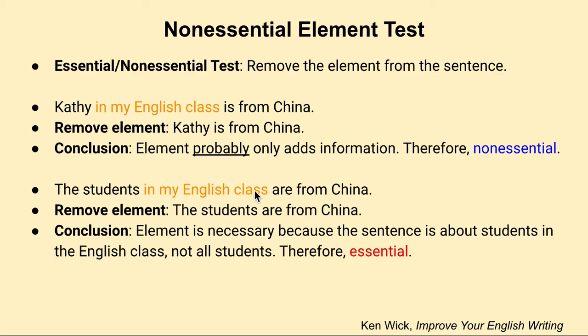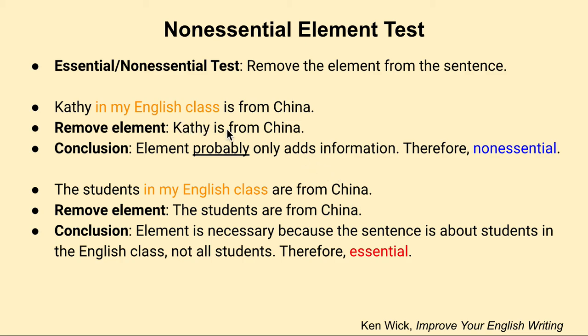If we remove this important factor of in the English class, we could be talking about all students. So the students are from China. Well, the sentence here, when it's been removed, is, I would say, more general about all students than just the limiting factor of the students in the English class. Therefore, I say it is essential, and it would not require punctuation.